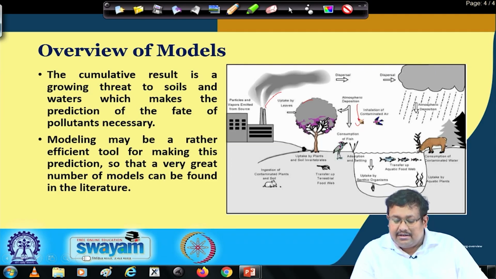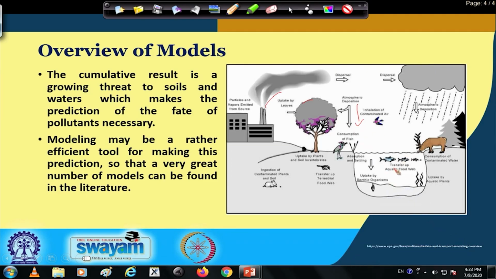When they are deposited, they are either consumed by the fish present in the water body, and there is also adsorption and settling. They are taken up by different types of benthic organisms, and also transferred up the aquatic food web. So, this is how the movement of pollutants basically occurs in the soil and water environment.